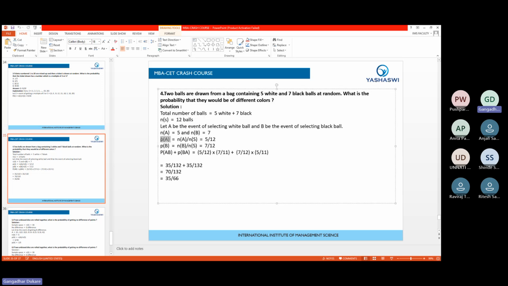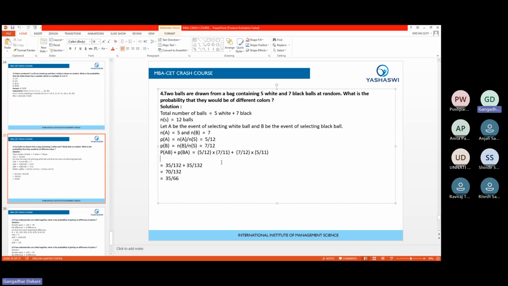The probability of A, selecting a white ball, is the number of A upon the number of samples, that is 5 upon 12. Again, for the black ball, 7 upon 12. We are going to calculate the probability for both of these different balls, white and black.